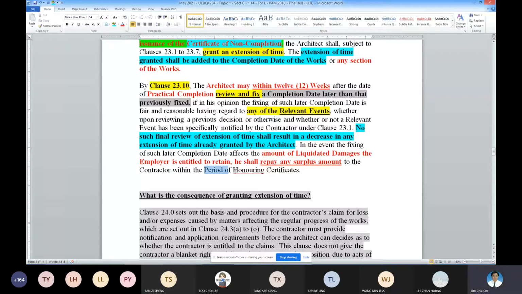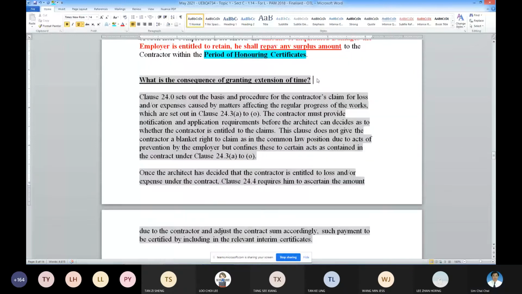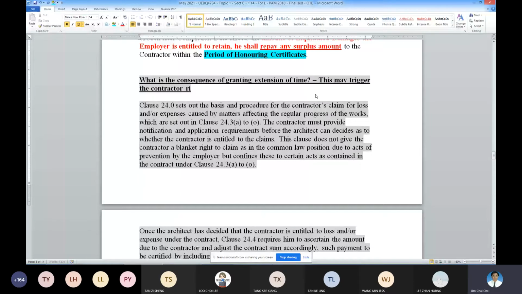Okay, what is the consequence of granting extension of time? This is an interesting issue. The consequence of granting extension of time may trigger the contractor's rights to claim for loss and expense.